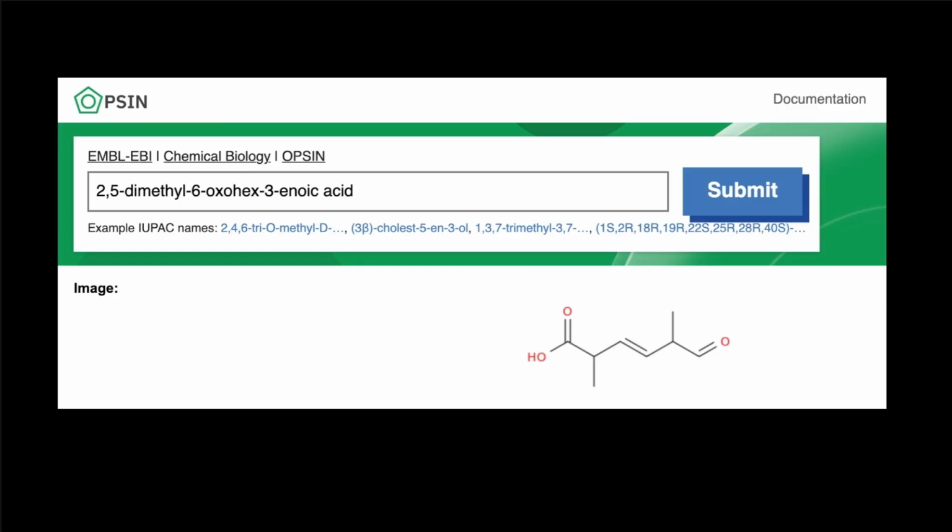So like I said, if you write 2,5-dimethyl-6-oxohex-3-enoic acid, we would get the structure. But the question is, can we call an aldehyde oxo when it comes as a substituent? No. So therefore this option is wrong.